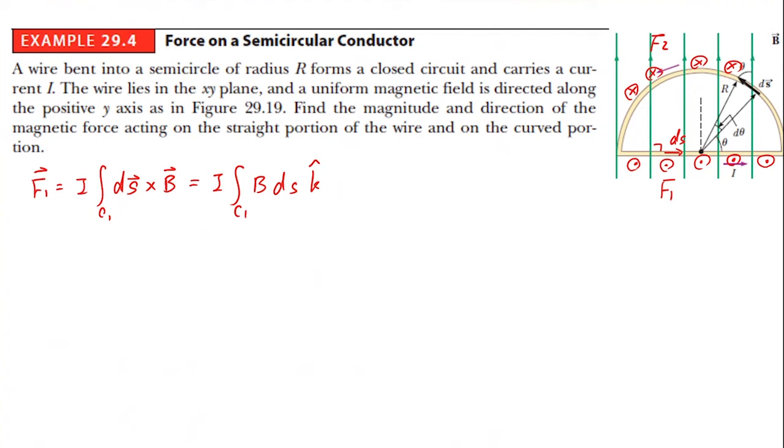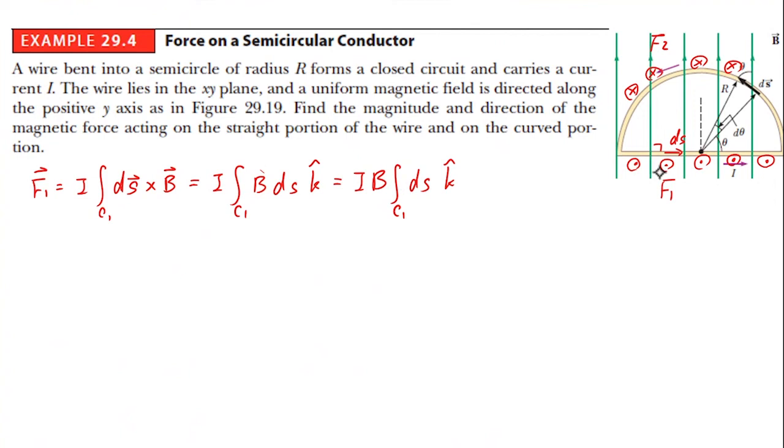Good. But then B itself is constant, so it can come out. Then we have path 1, and then just ds and k vector. Wait, what is this integral? When you integrate ds without anything else, doesn't that give you the length of that path?